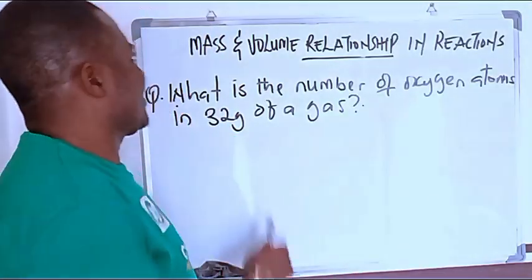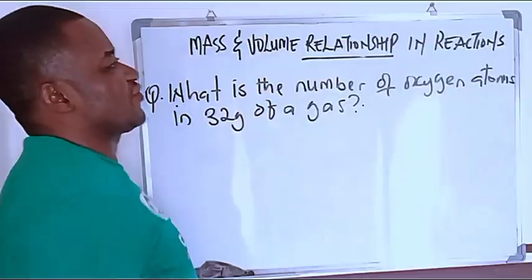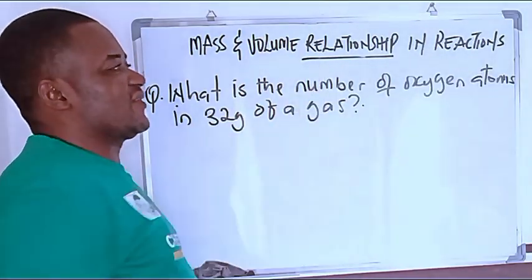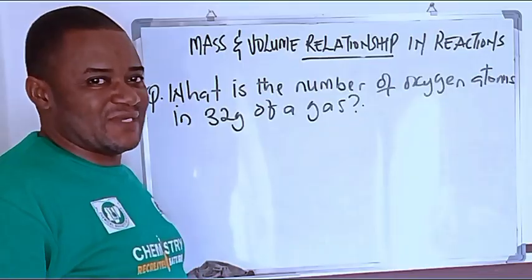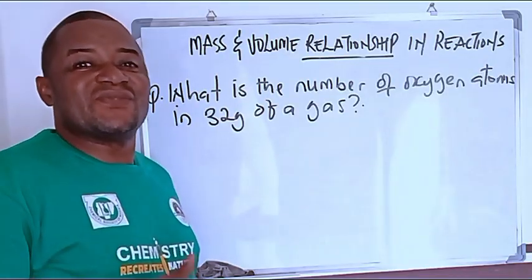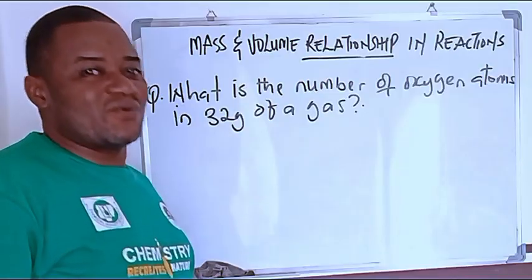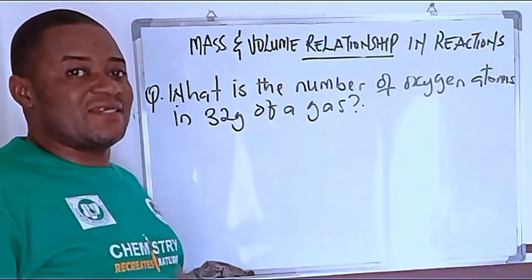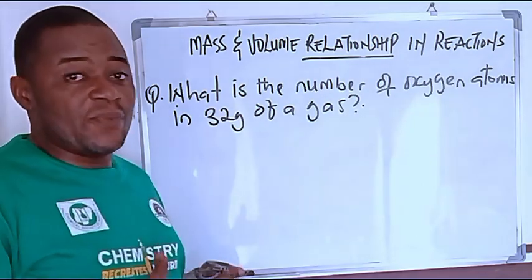Now today we are going to be looking at mass and volume relationship in reactions. I know that if you are a chemistry student or physics student or even mathematics student, you will know that what we want to do here has to do with some level of calculations. Some textbooks will give you calculations that are lengthy, some complicated.